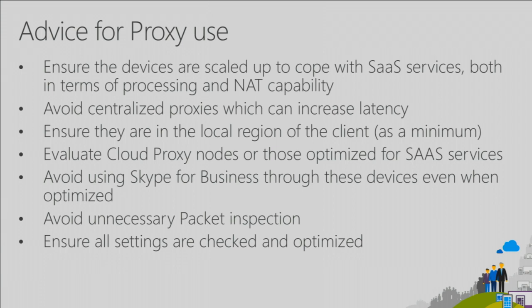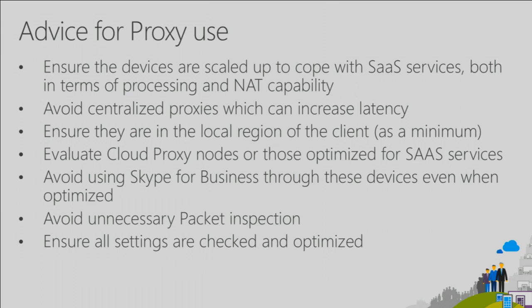So, if you need to do this, evaluate what's available now, not just buying more racks of servers to replicate your existing infrastructure. Are there better options out there? Cloud proxy providers who do that scaling and management for you, or other vendors who have got proxies that are designed better to work with the modern age.